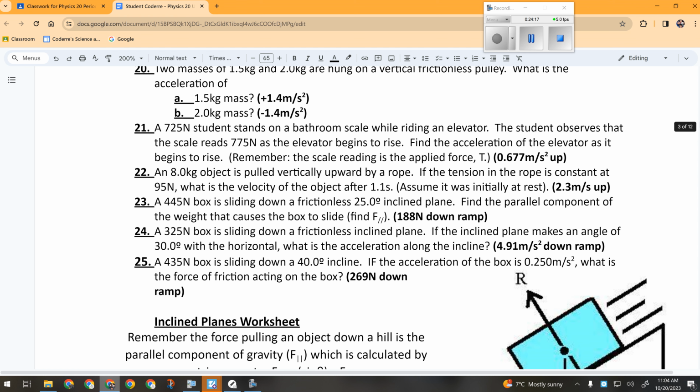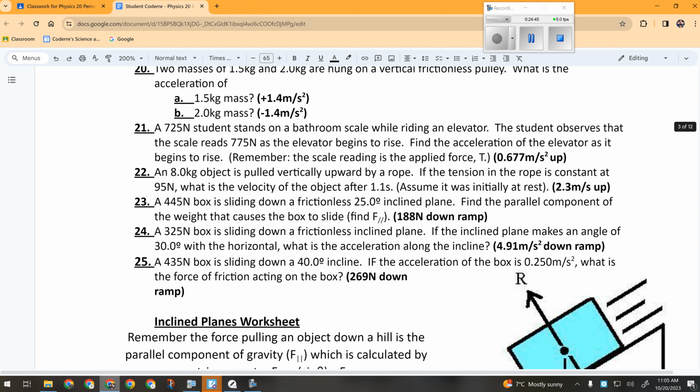Like the thing we always confuse with mass. Weight. If they ever tell you the box is this many newtons, they're telling you its weight. What force is weight? Gravity. This question gave you Fg. The question never says the object is this many newtons; it's telling you the weight, the force of gravity acting on that object.